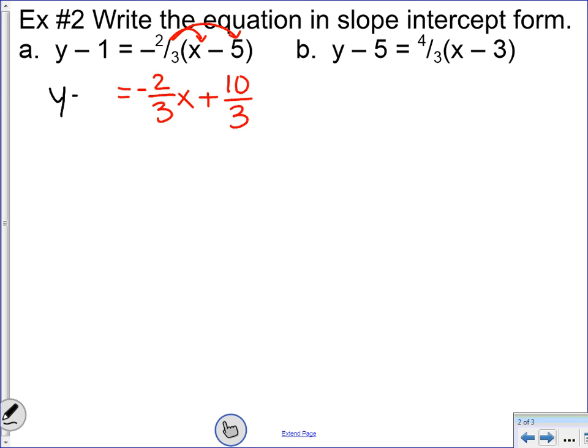Over here on the left side, we still have a remaining y plus 1. Now to get this into slope-intercept form, it's that y that needs to move so that I can get b. So I'll add 1 to both sides. Now if you're using a calculator, adding 1 is not a big deal. Otherwise, you know that 1 changed to a common denominator would be 3 over 3.